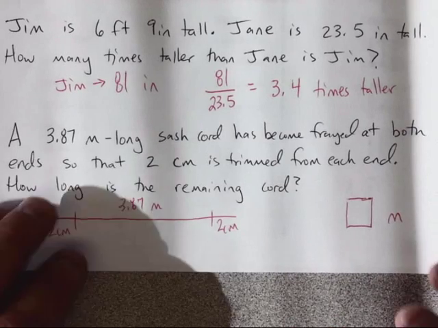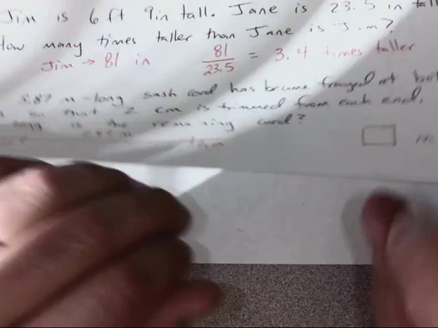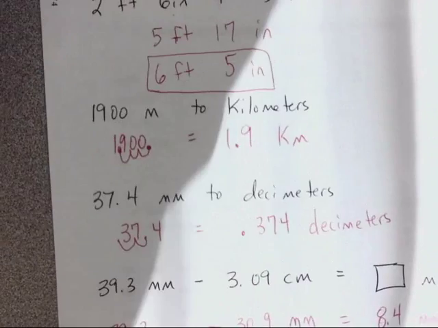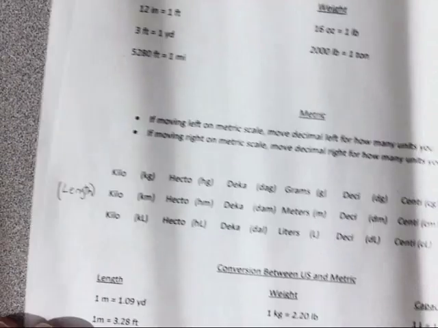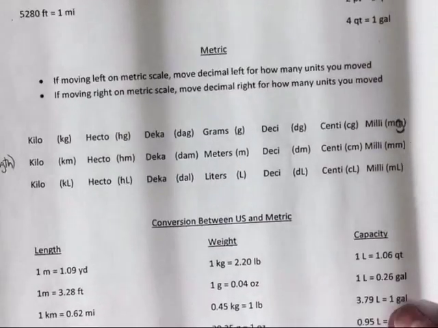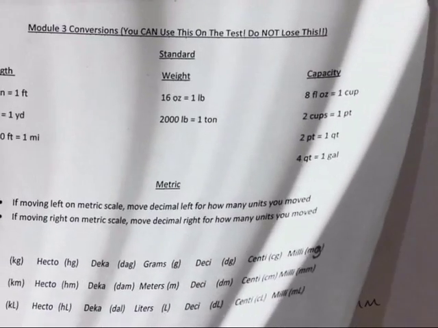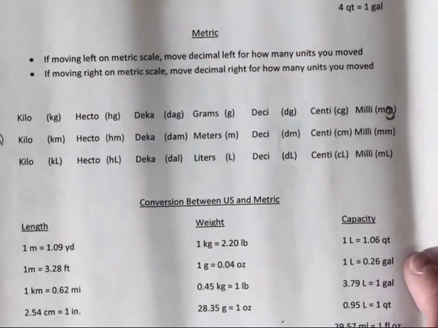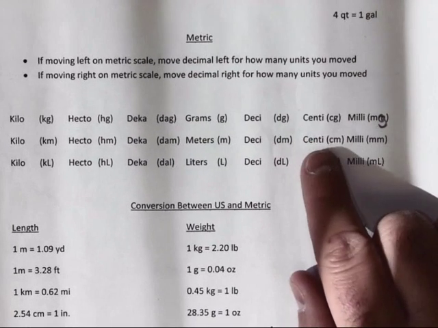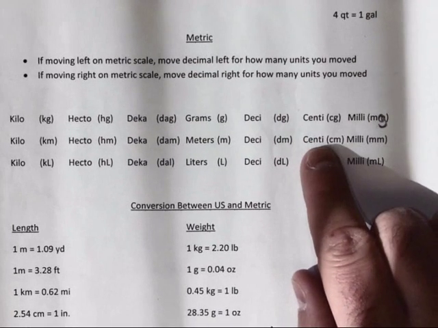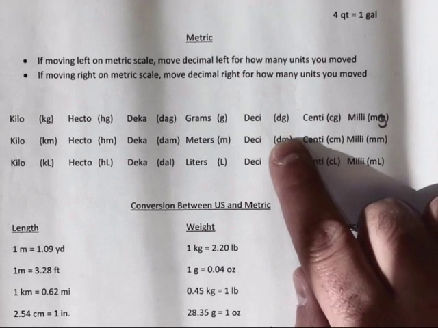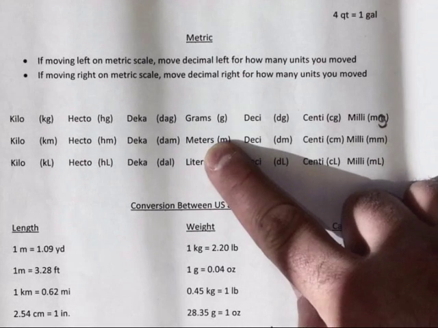So once again, go back to your conversion sheet. All right, so to go from centimeters to meters, right? Here's centimeters. To go from centimeters to meters, I'm going to move the decimal 2 places to the left.